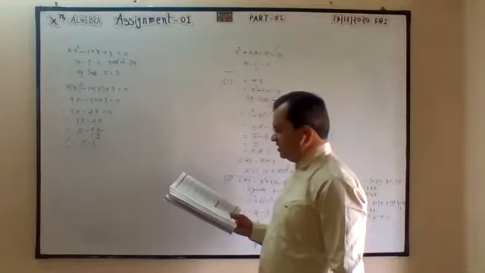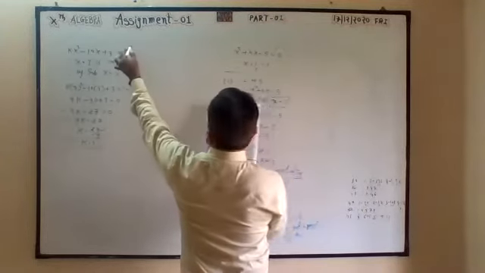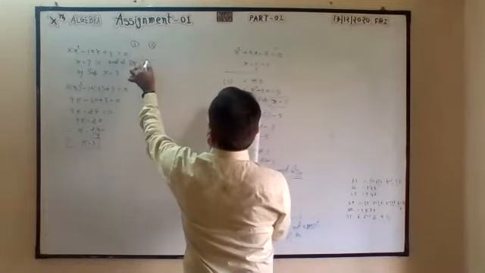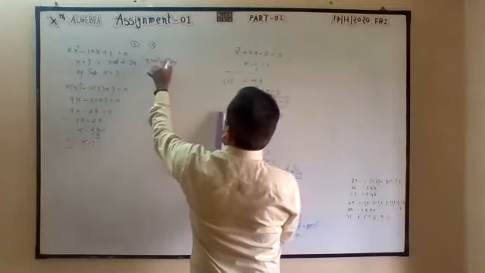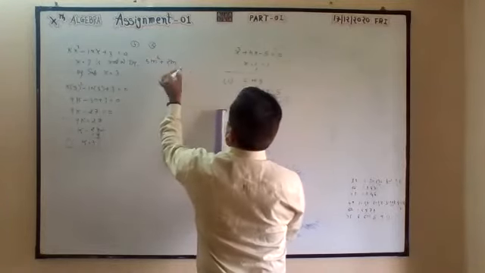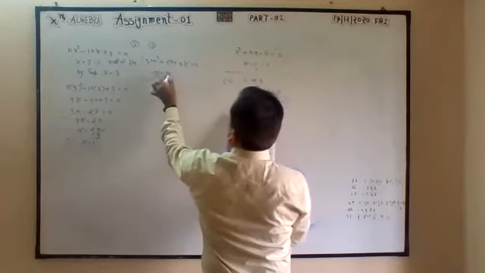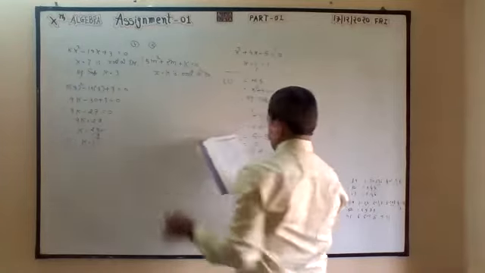Now here one of the roots is given, and k is again unknown. You have to write the equation first. x is equal to k is a root of the equation.